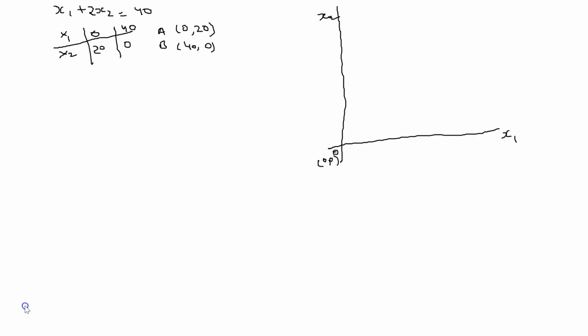Now let's plot the first point. It is 0, 20. Let's take this point, we call it 0, 20, and the point is A.